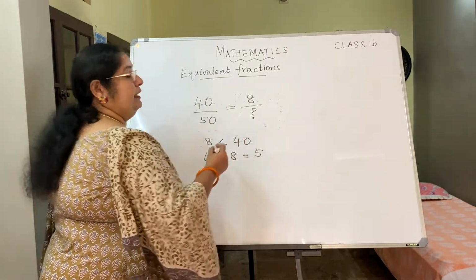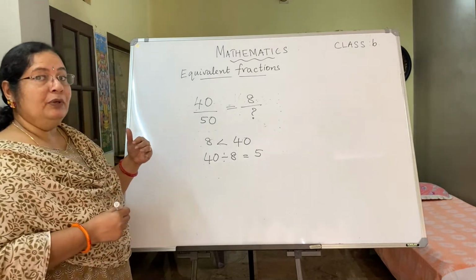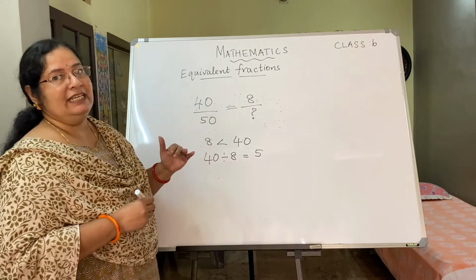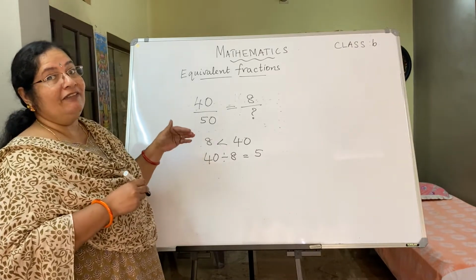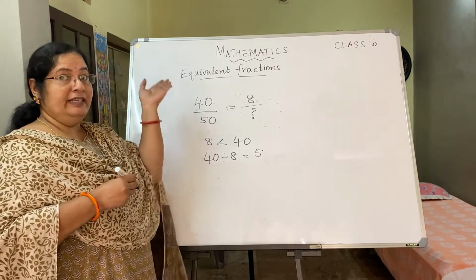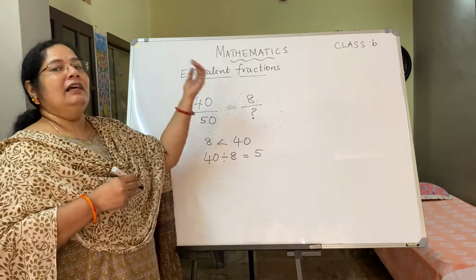5. Now this quotient, we are going to again use it as a divisor to divide the denominator. So here we are again dividing. Earlier what did we do? Divide and multiply. Here divide, again divide.